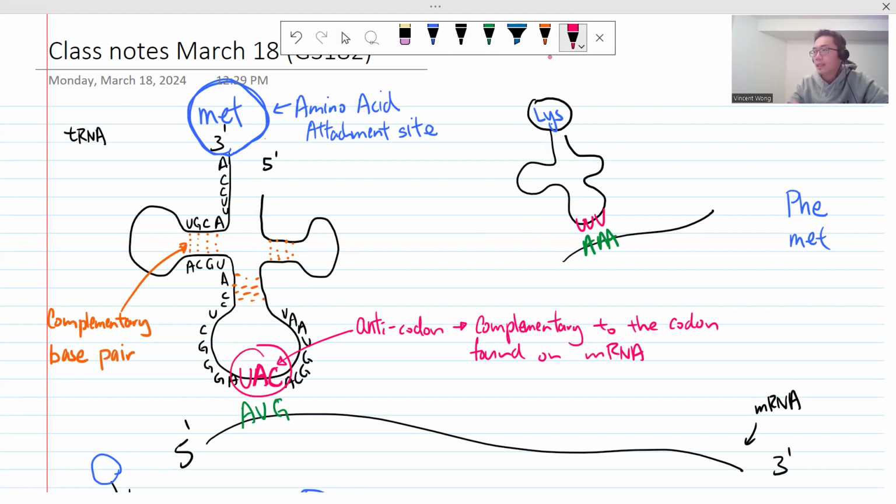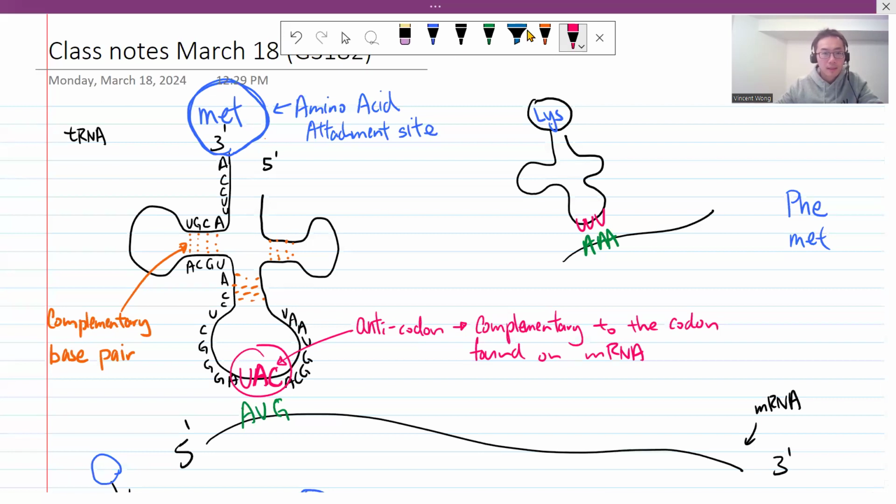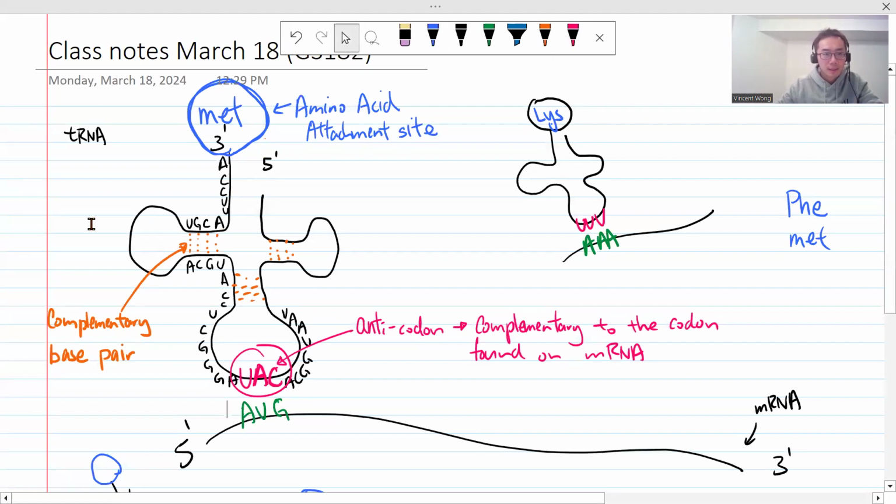Sorry, Vincent, I have a question. So whatever you put under the tRNA is part of that one, right? Part of tRNA. I'm sorry, one more time. I didn't quite catch the whole question. This RNA that you put under the shape of the tRNA is part of the bottom part, right?